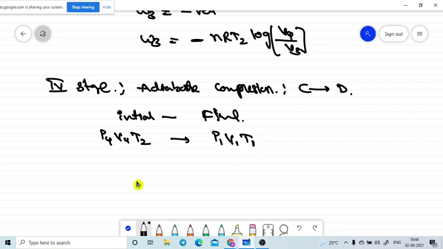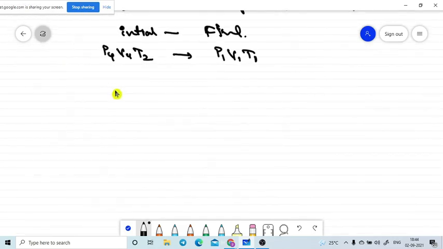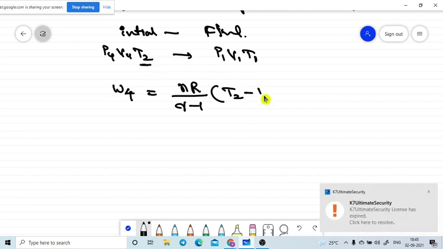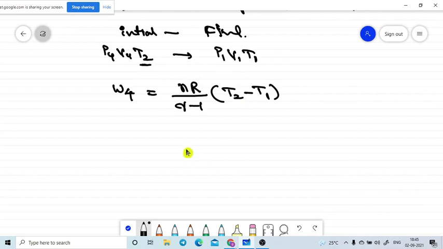In the adiabatic compression, what is the work done formula? W4 we take. W4 is equal to NR divided by gamma minus 1 into T initial value, T2, minus T final value, T1. Is this correct?